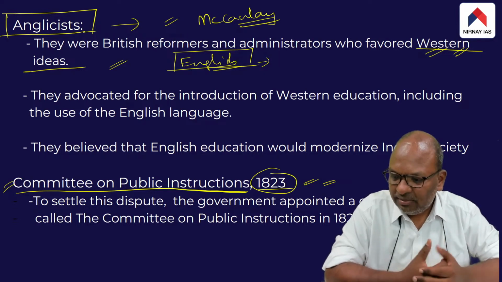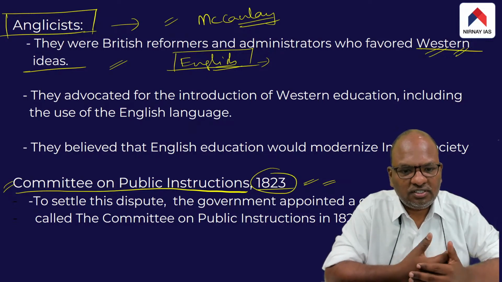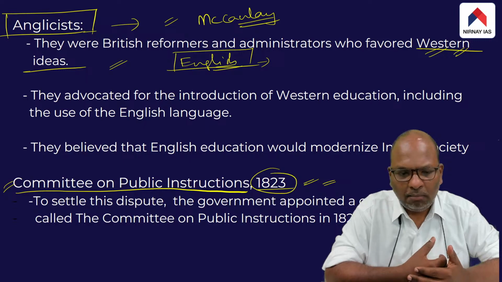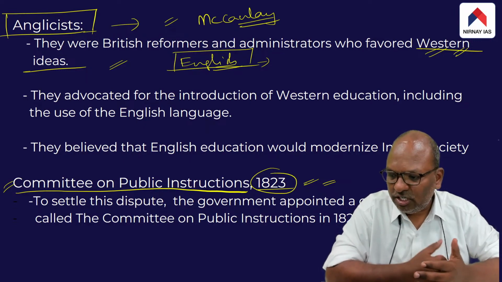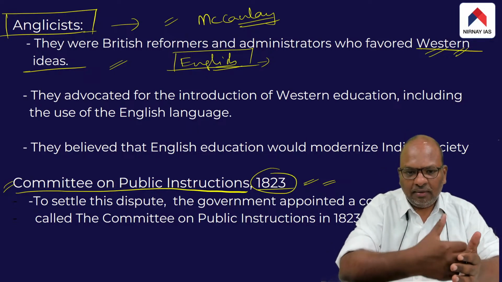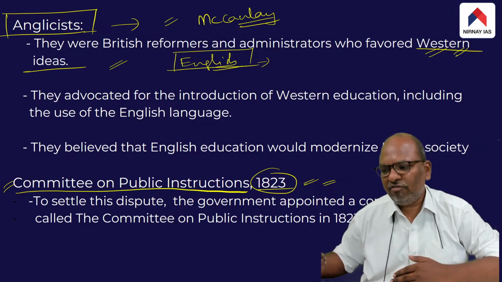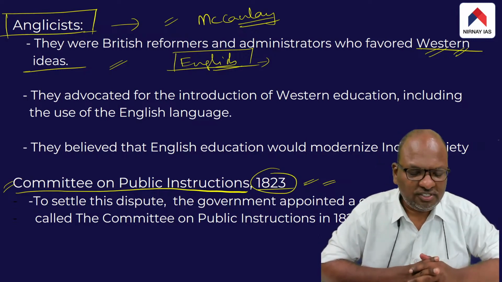The British accepted this report, and from 1835 AD onward, the British started spending money on establishing Western educational institutions. That's how modern education began in India.